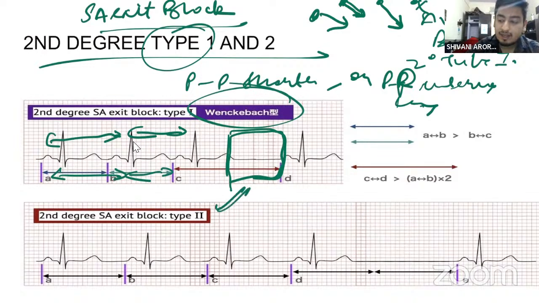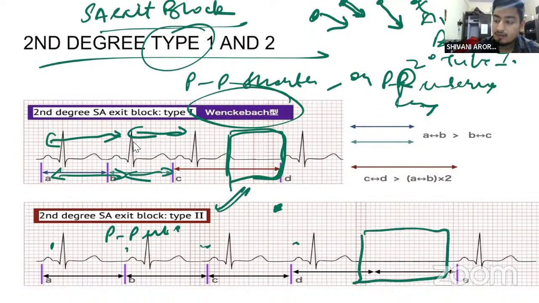In second degree SA exit block type 2, similarly as in AV nodal block second degree type 2, there is no progressive delay, but yes, there is a skipped complex. Similarly, here PP interval would be constant. Okay, but after some cycles, there is a skipped P wave, which is followed by skipped QRST. Okay.